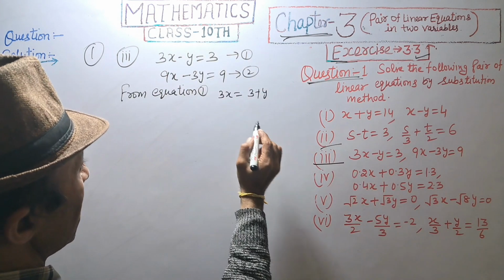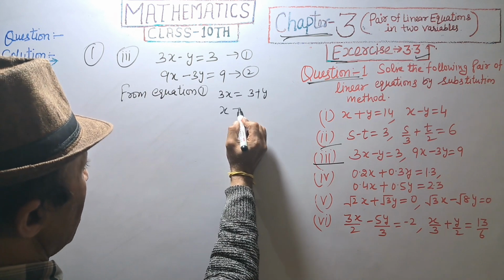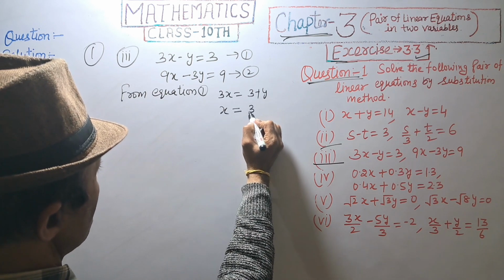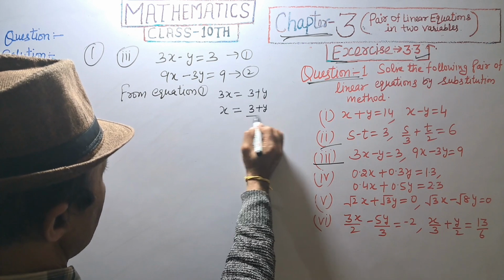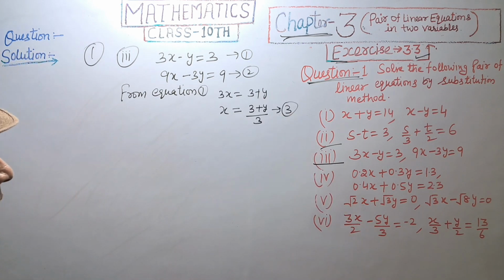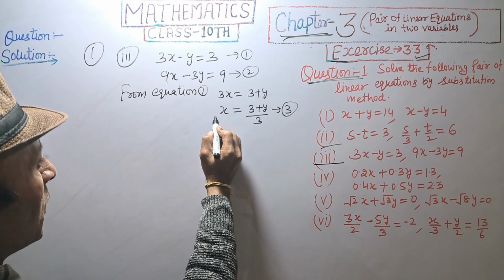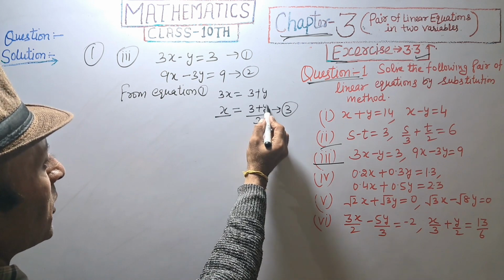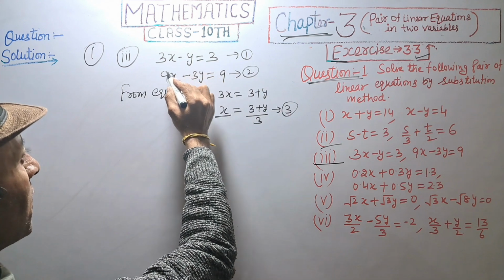We are shifting y to the right side, and x is equal to (3 plus y) upon 3. It's equation number 3. And we are putting the value x equal to (3 plus y) upon 3 in equation number 2.